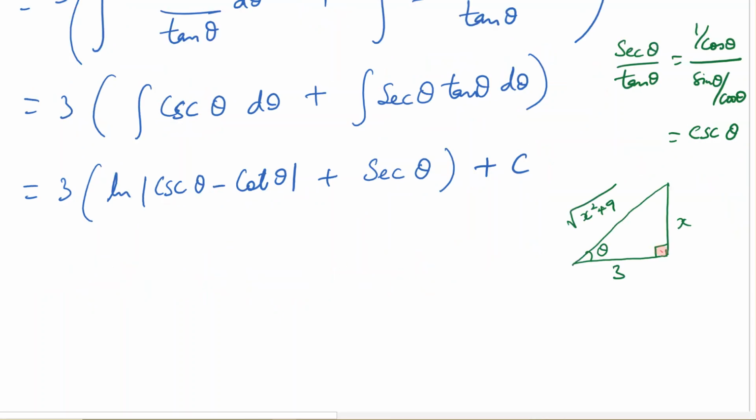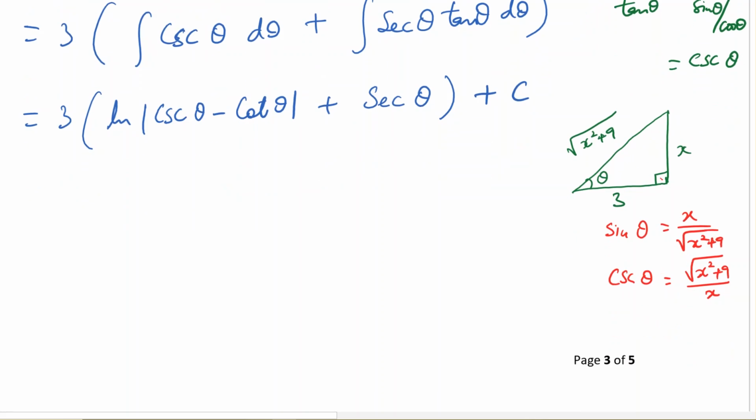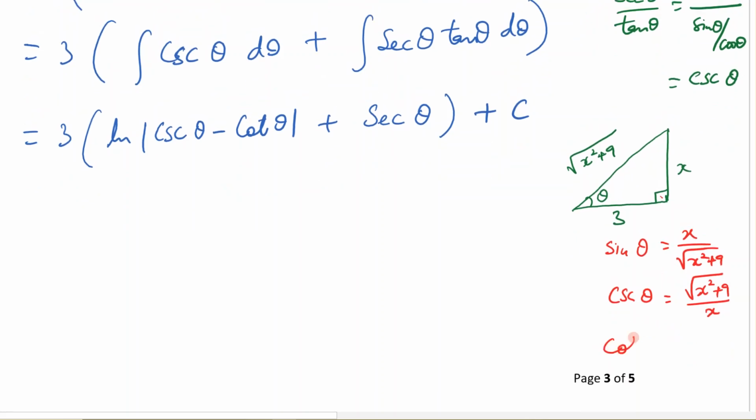So using this triangle, we see that sine theta is x over square root of x squared plus 9. So cosecant theta is square root of x squared plus 9 over x. Similarly, we need the value of cotangent. Cotangent theta is the reciprocal of tangent, so that would be 3 over x.